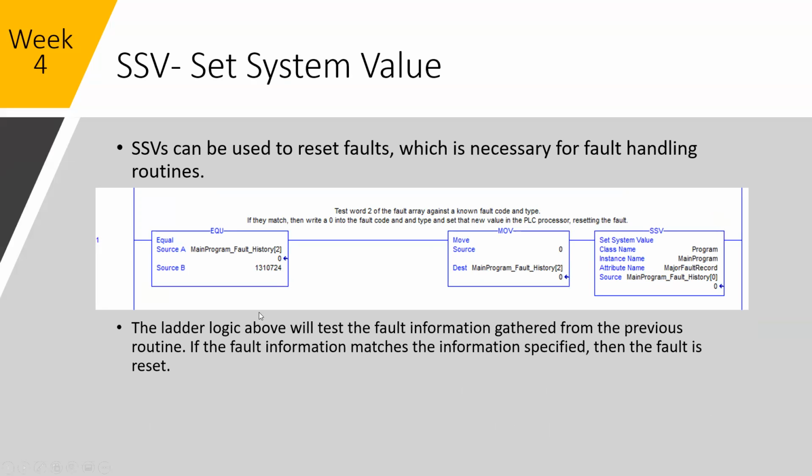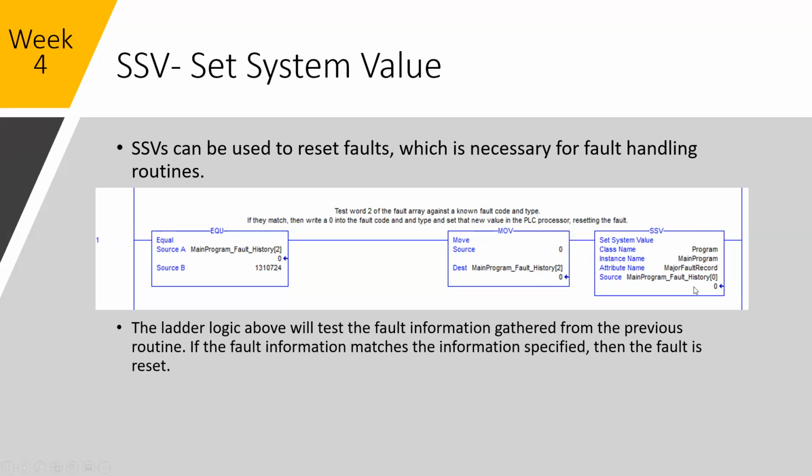So in this instance, this ladder logic here will test the fault information coming in. The rung that we saw before moved the fault code into a specific tag, and this will monitor to see if the fault code equals a specific value, EQU, then it's going to move 0 into another tag, which is actually clearing the fault code.